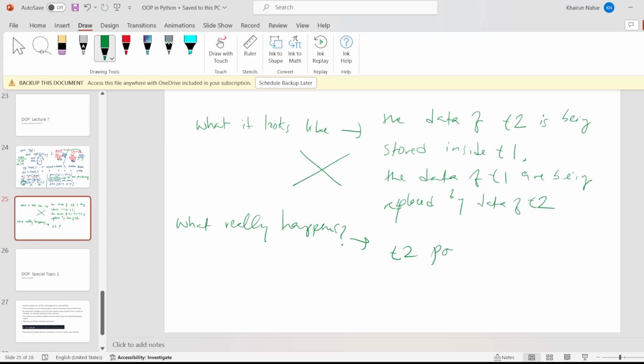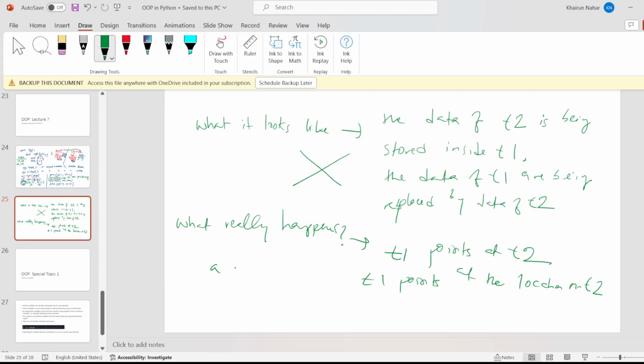So T1 points at T2, or indirectly, T1 points at the address or at the location of T2.